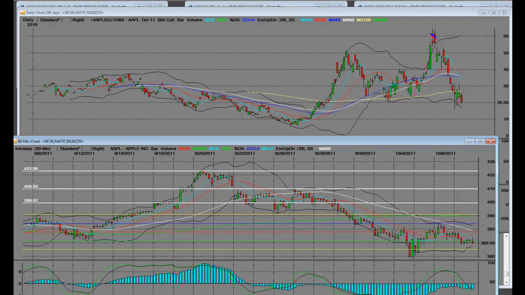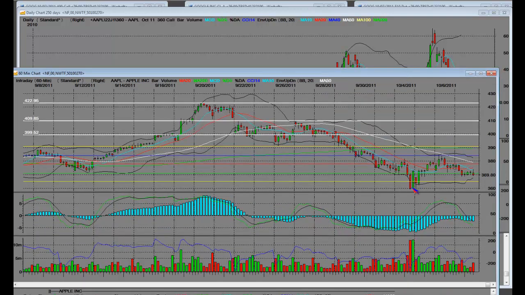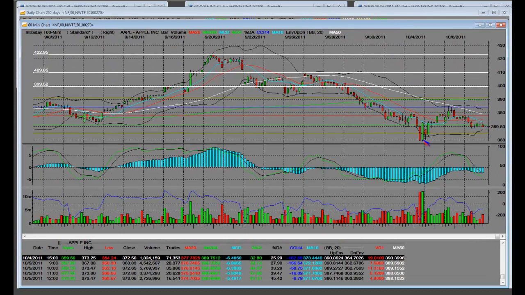So when we were up here on 9/20, you can see where the 9/20 reversal happened, and Apple got all the way down here on a 60-minute chart on Friday, right here on the options, on 10-4. We rallied up, and then we had a reversal all the way back here.